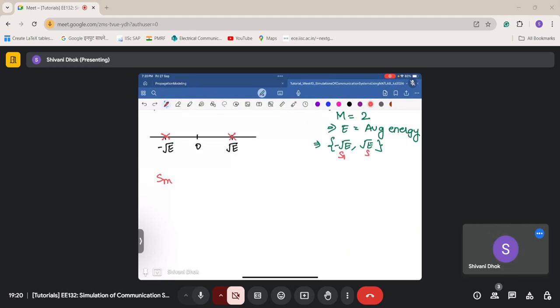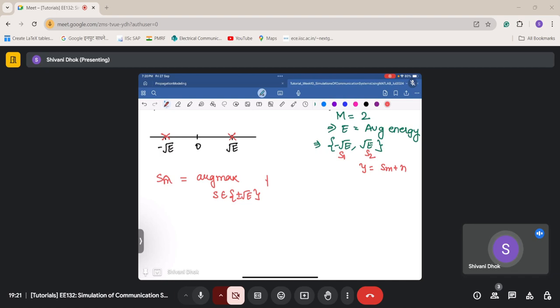So sm hat is equal to argmin of s belonging to plus minus root E. Here your y will be equal to sm plus n.